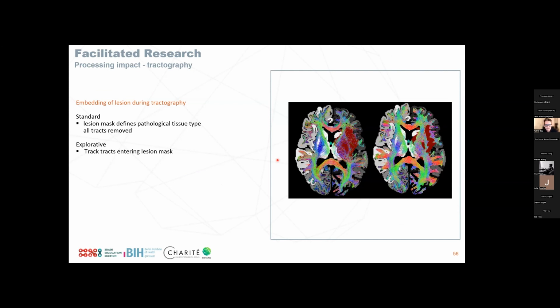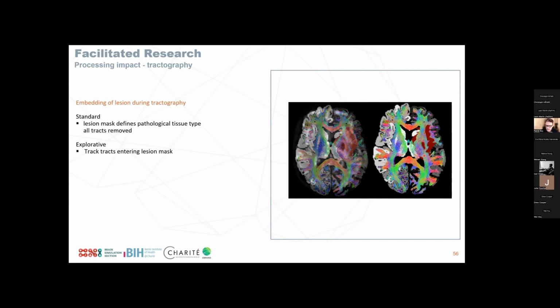What we've seen before, what we implemented in our pipeline, and what has been the standard in the literature so far is that we integrated the lesion as pathological tissue, and we said all of the tracks are basically like CSF, we ignored them. What we also did is we did not introduce this as pathological tissue and tried to then look at the actual tracks that we end up with at the lesion.